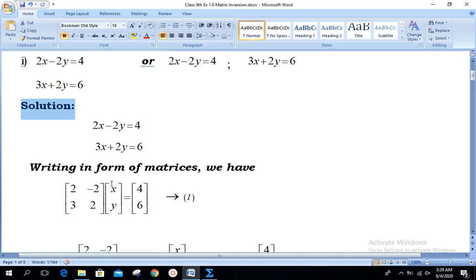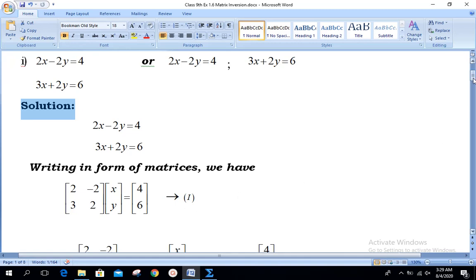Next, in the frame, you will have the matrix of variables, that is x and y in column form, is equal to, towards the right, viewers, we just have to put a matrix. It is a column matrix. This will be our step 1 in all parts of this matrix inversion method. Hope it is clear to you all.